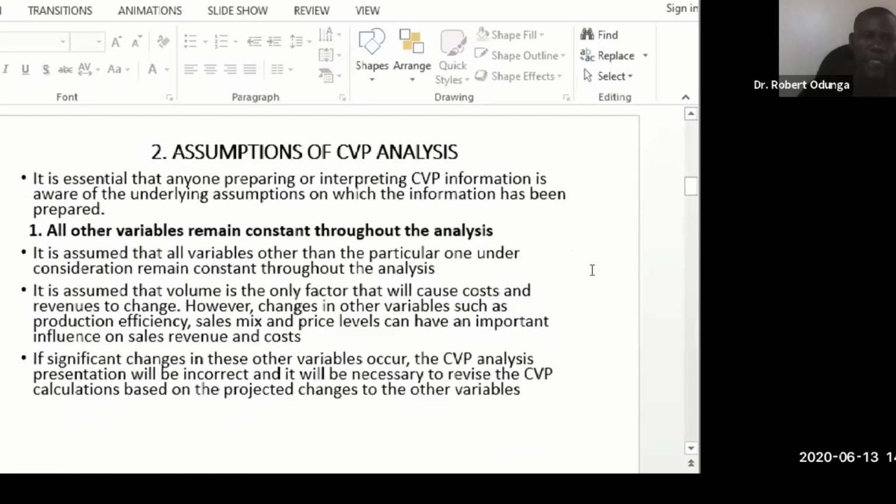Now, the assumptions of CVP analysis. As I said, any model will operate under certain assumptions. That's why a good model sets the assumptions under which it can operate. Just like any other model, it is essential that anyone preparing or interpreting CVP information is aware of the underlying assumptions on which the information has been prepared.